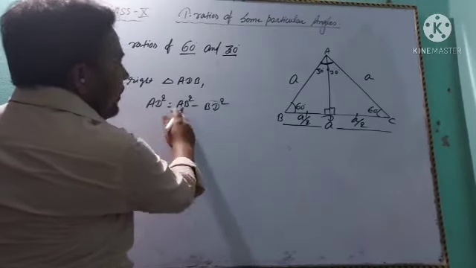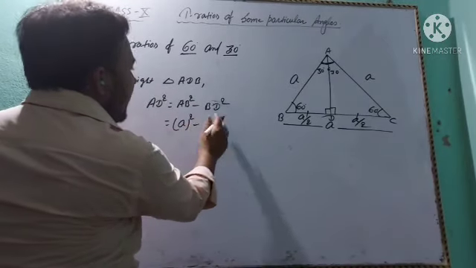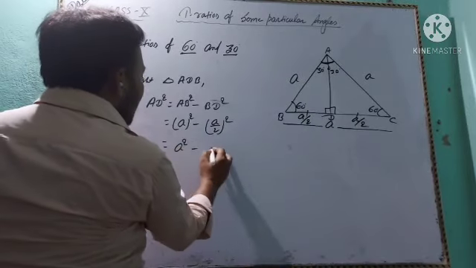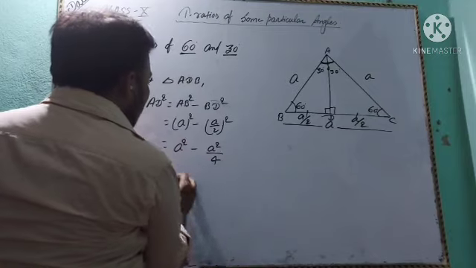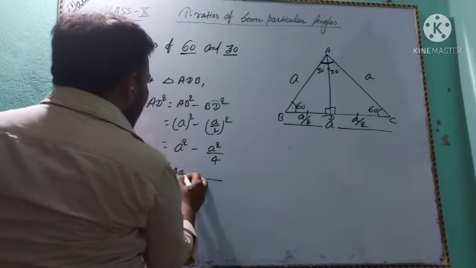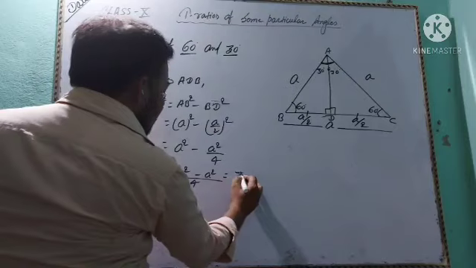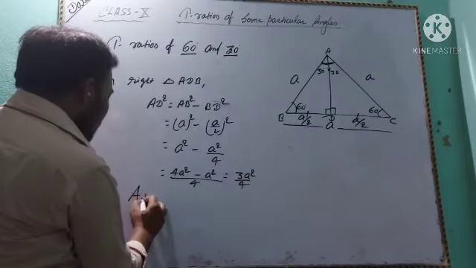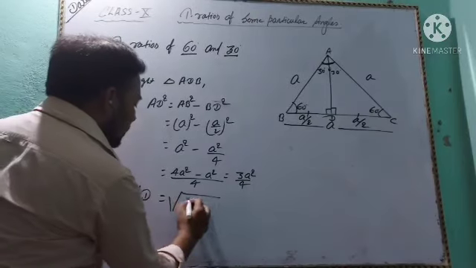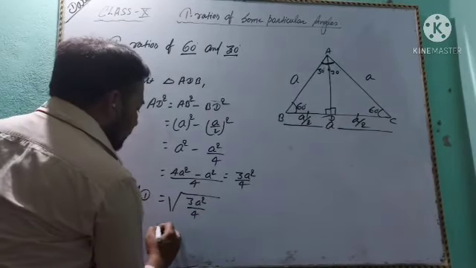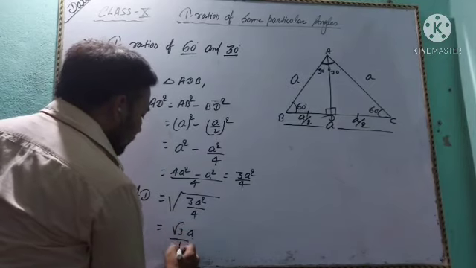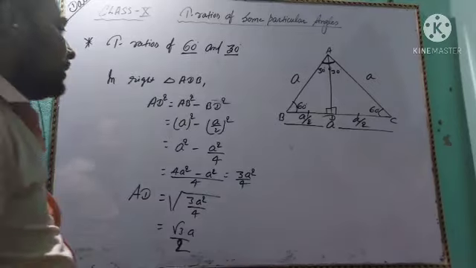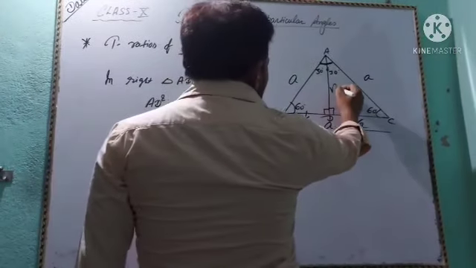So AB is equal to a, that is a square, and BD is a by 2 whole square, that is a square minus a square by 4. Taking LCM 4, that is 4a square minus a square, that is 3a square by 4. Removing the square on AD, root under 3a square by 4, we write root 3a by 2. So AD is root 3a by 2.